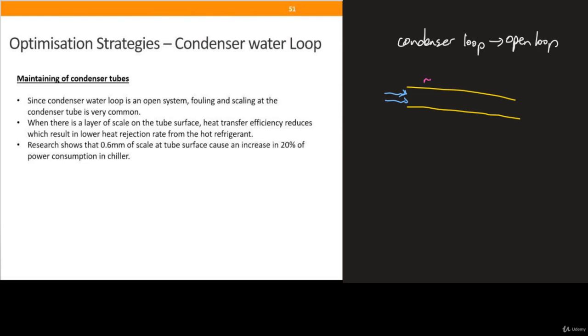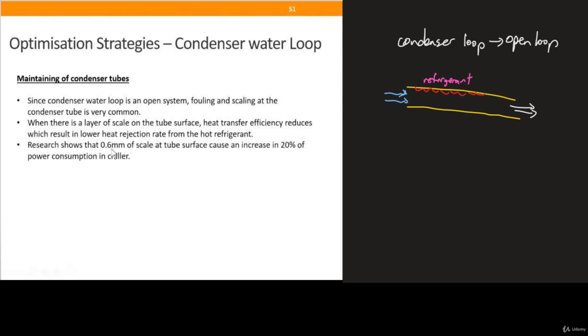What you are trying to do is to cool down the hot refrigerant by having heat transfer between the cool condenser water and the hot refrigerant. But if there's a layer of scale forming, heat transfer cannot take place effectively. Because of that, when your refrigerant leaves the condenser tube, it will still remain at a very high temperature, and this will cause your chiller's efficiency to drop a lot.